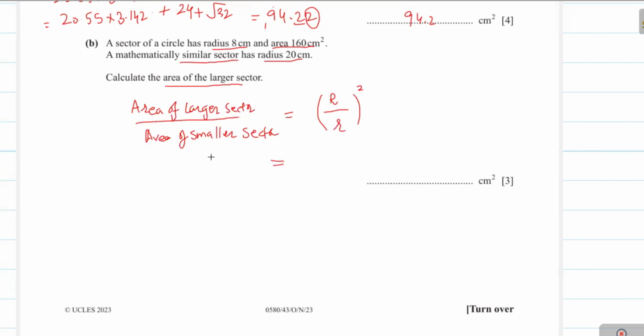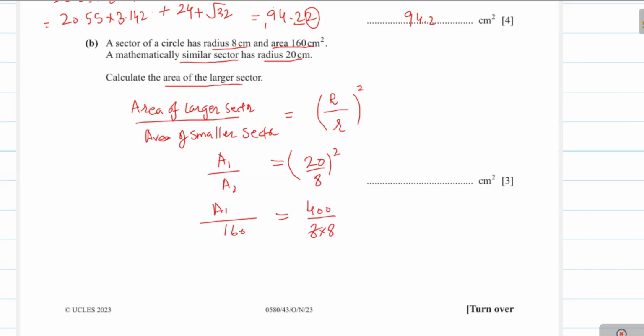You see here the area of the larger sector we represent by A1 and this is A2, and the radius of the larger sector is 20 and the smaller is 8. Now the area of the smaller sector is 160. Now we write 20 square is 400 over 8 multiplied by 8.